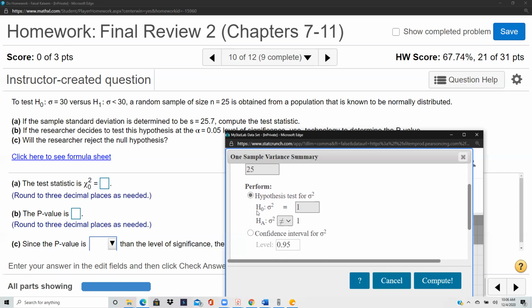What is the box asking for? Population variance. So is that 30 the variance? No, that's standard deviation. So we would square the 30. It will be 900.